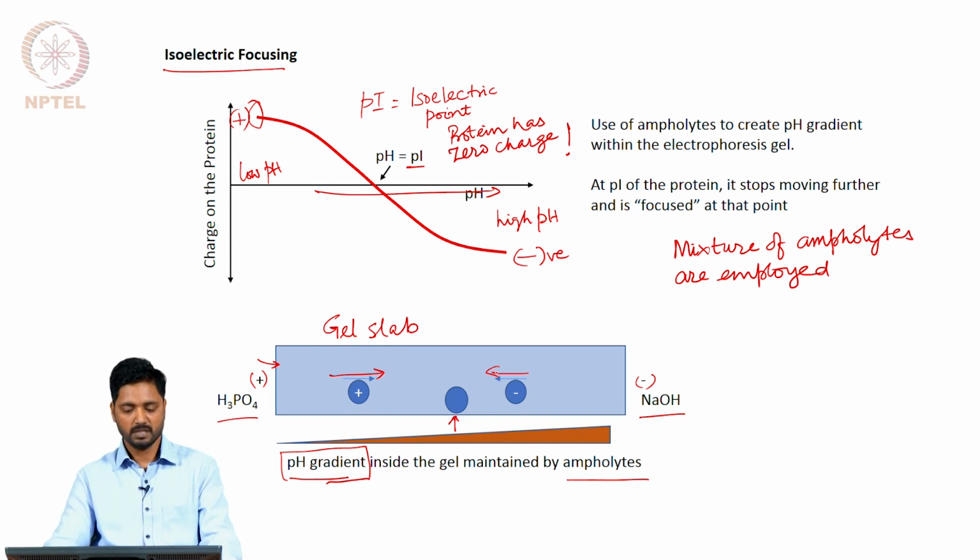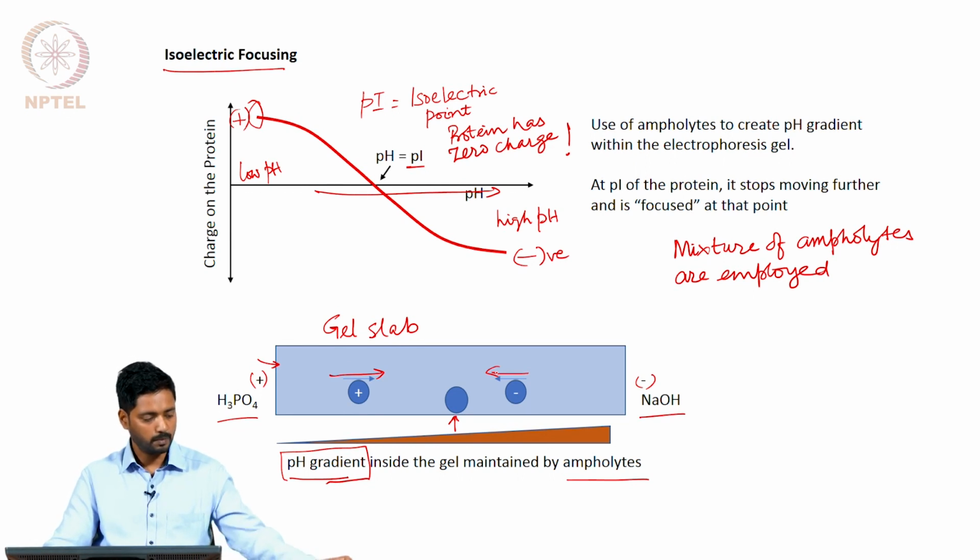So, this is the idea that is applied in isoelectric focusing to focus the charged particle into a pH regime where it is no longer charged. Now, I will quickly give you some examples of the structures of the ampholytes that are used to create the pH gradient, so that you can appreciate how chemistry is utilized in solving a biological problem.